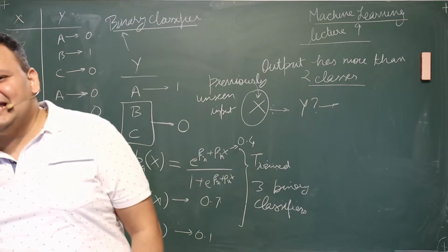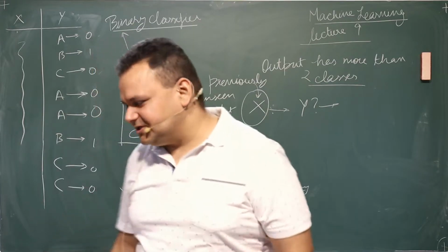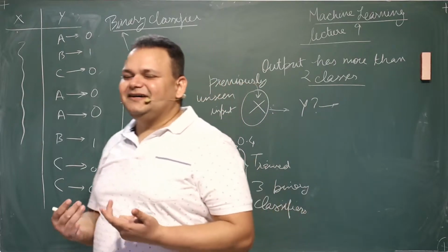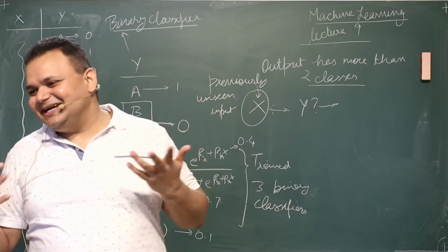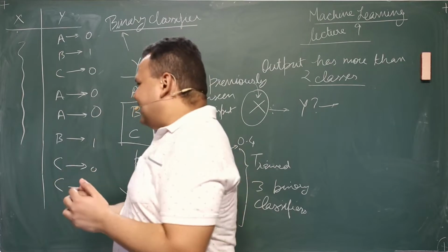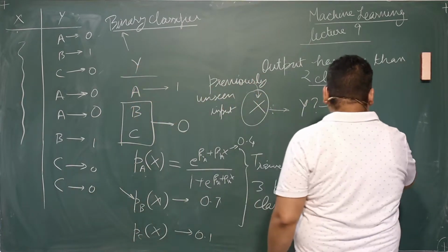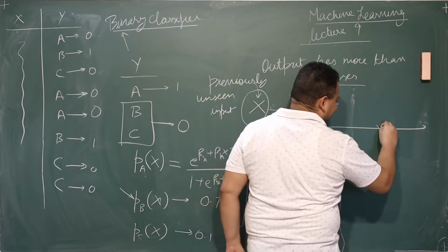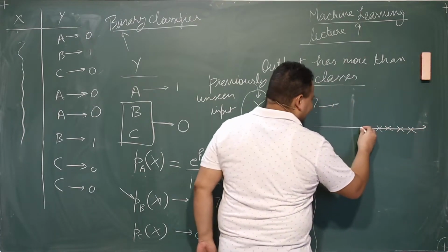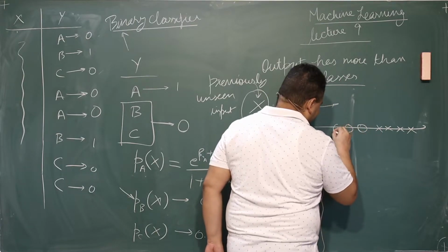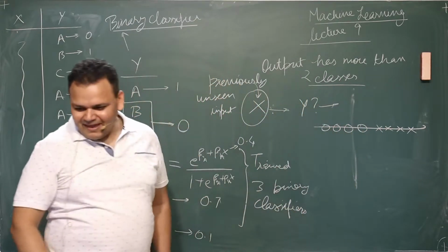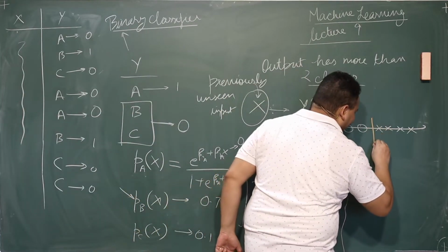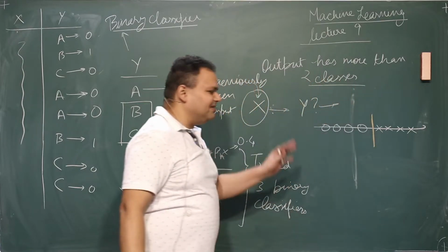Obviously, when we are talking about classification, there is a sort of certainty assigned to each of your outcomes. For example, let us talk about the original classifier that we had. We had crosses on the right hand side and circles on the left hand side, and my decision boundary was over here, in the middle.